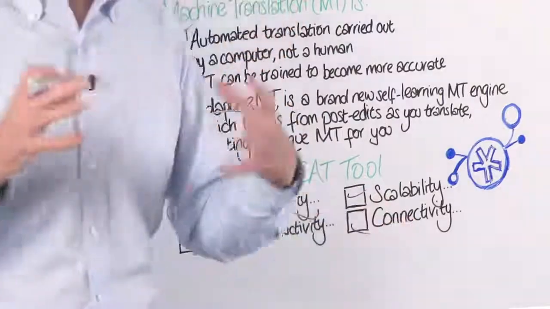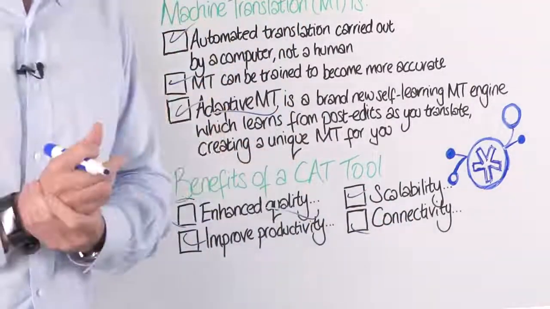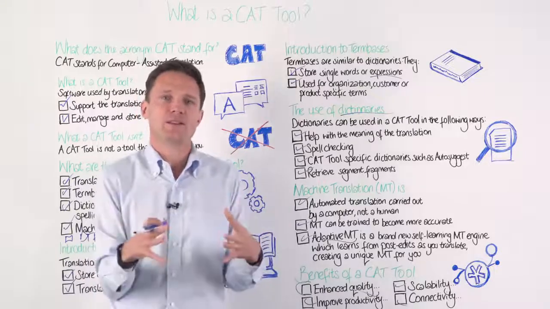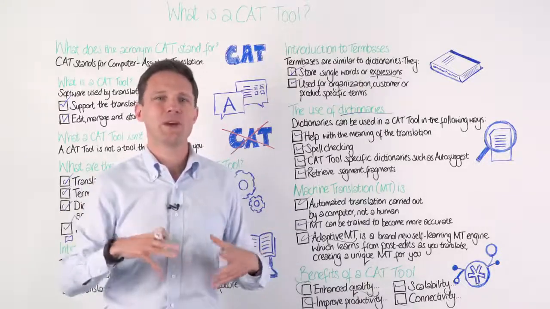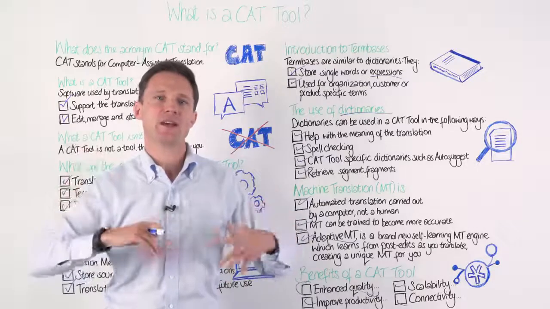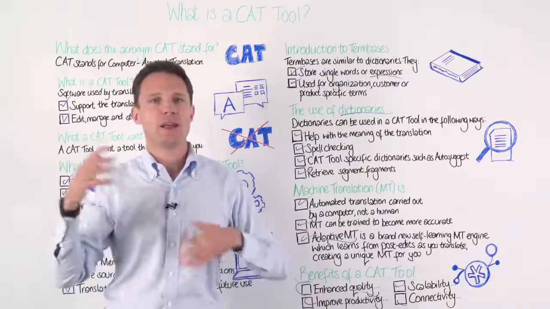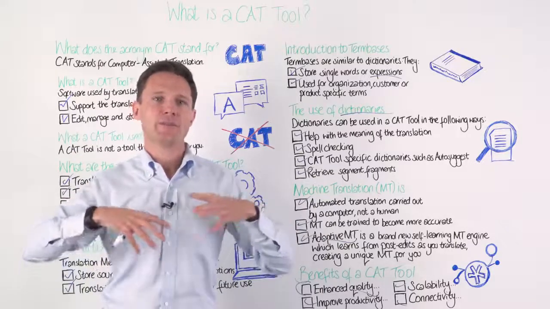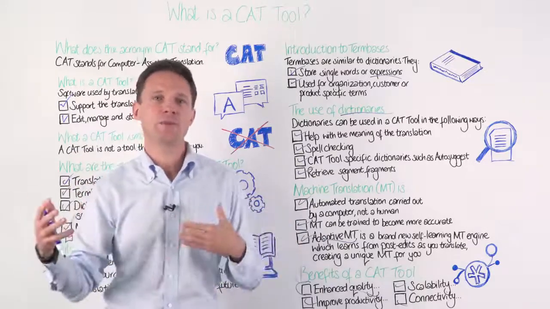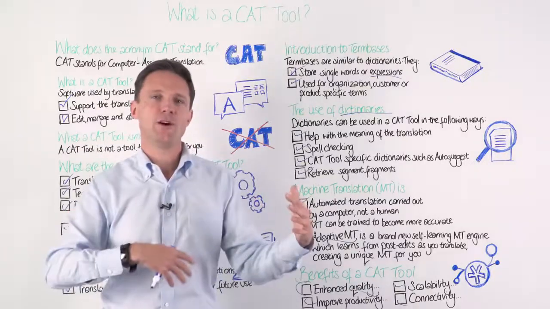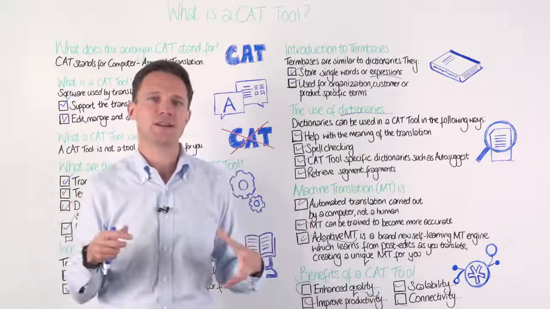And finally, is connectivity. A CAT tool, one of the benefits is that you also have the ability to work by yourself on your computer, but you can also connect with others. And especially when there are large projects, you can actually share some of the assets, you can work with other people and make sure that your translation is used by other people, terminology shared across an entire team.